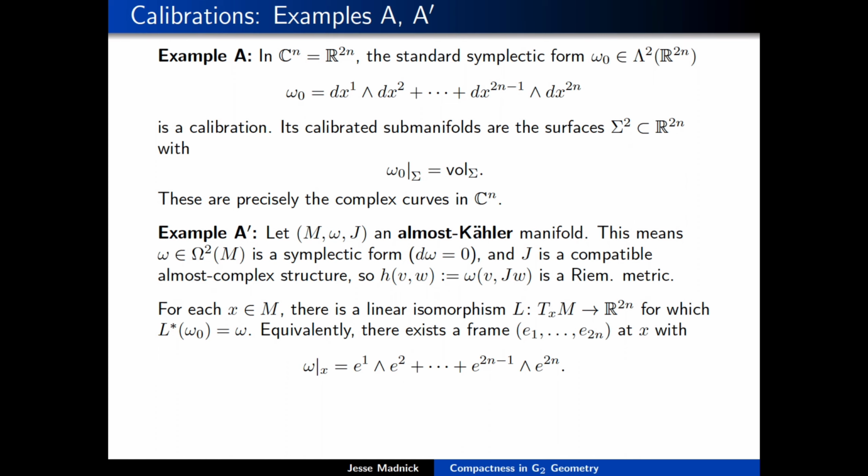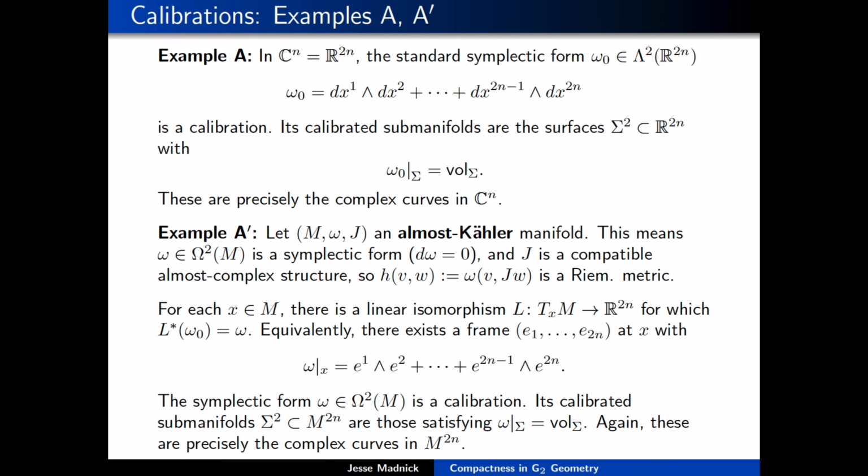Note that, in particular, just by virtue of having a symplectic form, there is, at each point x in M, a linear isomorphism L from T_xM to R^2n that identifies omega at x with omega 0. To say that another way, there is a frame, e1 through e2n at x, for which omega at x looks like omega 0: e1 wedge e2 up to e(2n-1) wedge e2n.